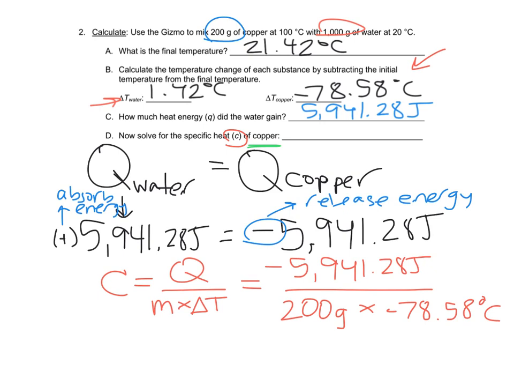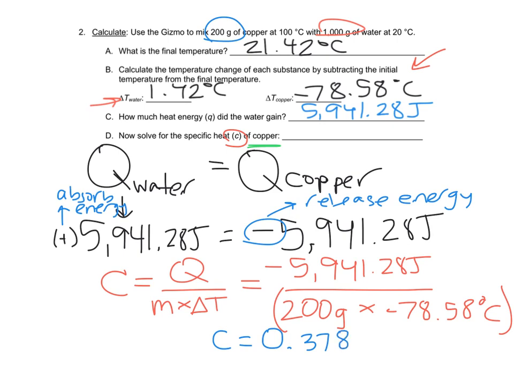So when we do our math, negative 5,941.28 divided by, and make sure you put this in parentheses, 200 times negative 78.58, we get our answer of 0.378.